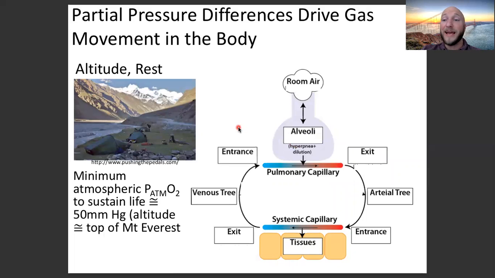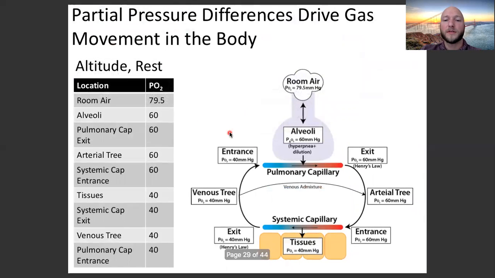How would this look at different altitudes? This will be a good practice if you printed out this page and tried it at the different altitudes. So right here at altitude, we have a lower atmospheric pressure. So we have a lower pressure of oxygen in our alveoli.